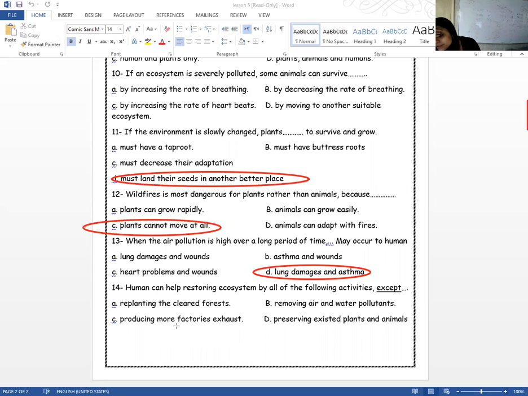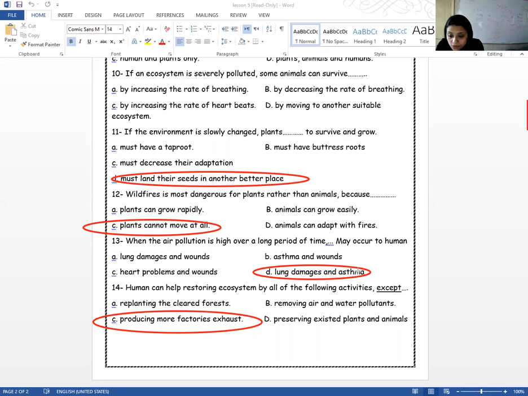Producing more factories. All these ways, replanting, removing air and water pollutants, preserving existing plants and animals, can help humans restore the ecosystem, except producing more factories, which makes more air pollution.